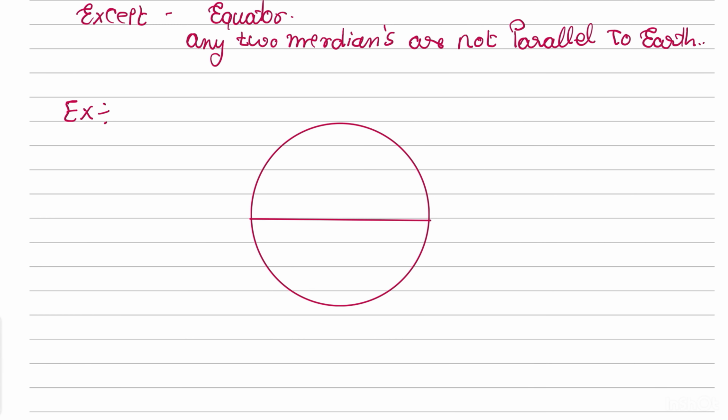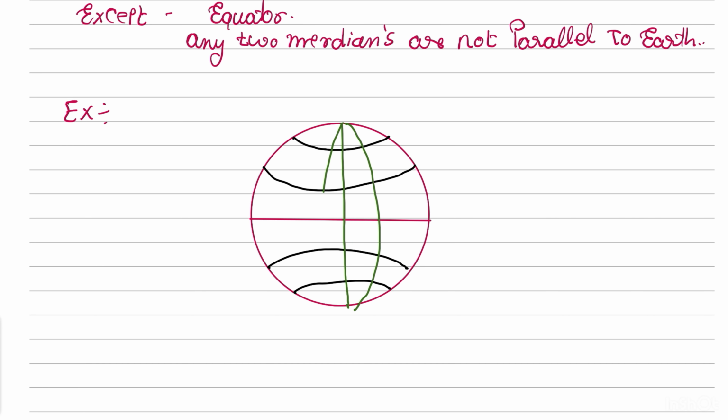So this is our globe. This is our equator. Then these are latitudes, northern latitudes, southern latitudes, and next comes our prime meridian. Then this is our easterly longitudes, westerly longitudes.